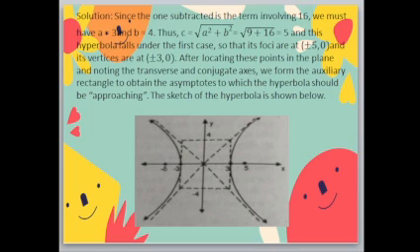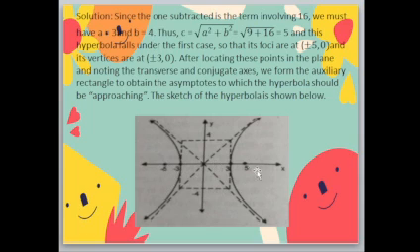So after locating these points in the plane and noting the transverse and conjugate axes, we form the auxiliary rectangle to obtain the asymptotes to which the hyperbola should be approaching. So the sketch of the hyperbola is shown below.